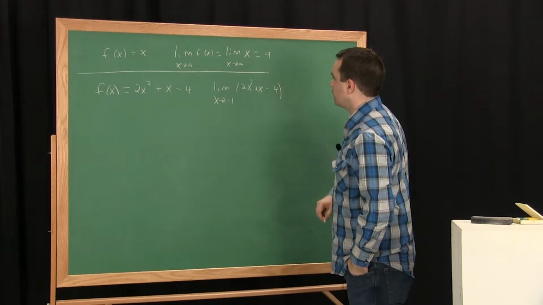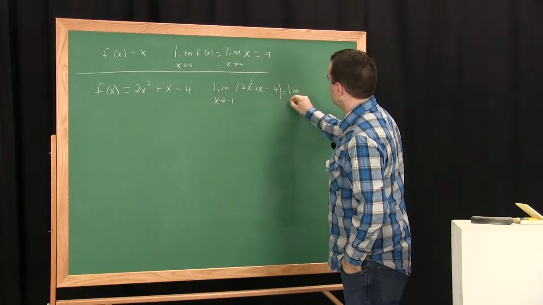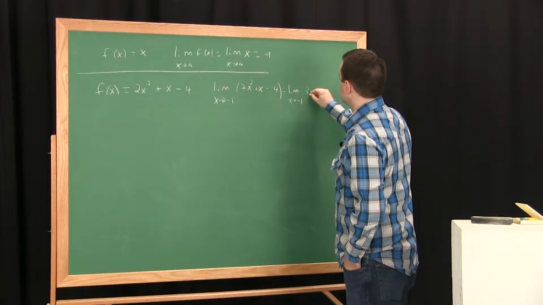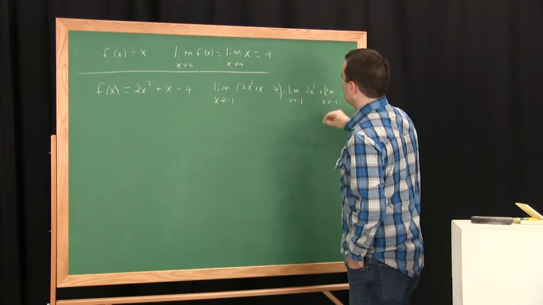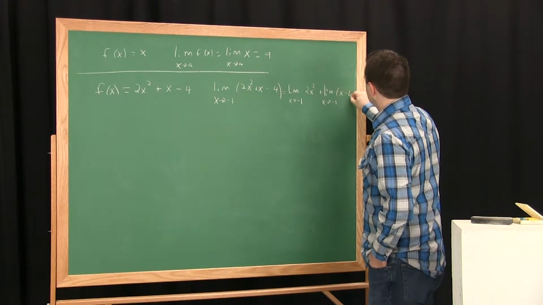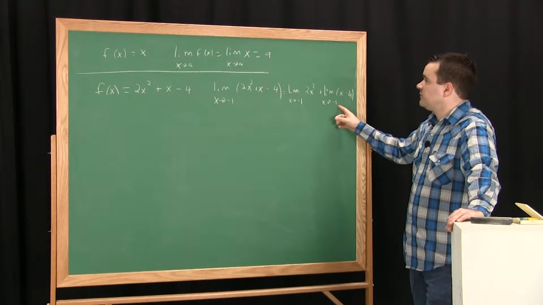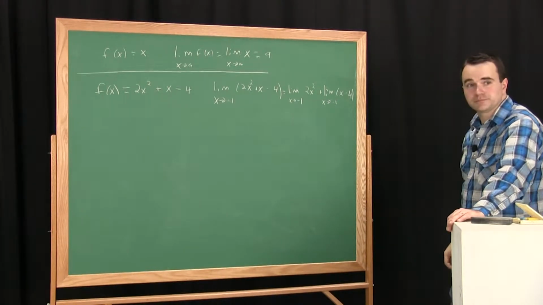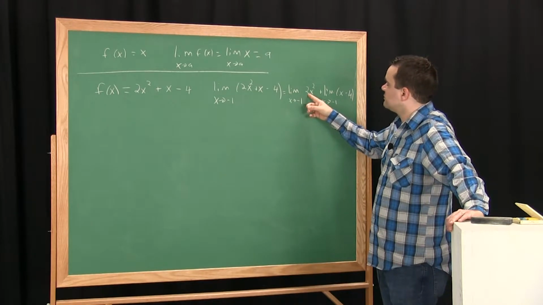The sum rule is telling me that this is going to be the limit as x goes to -1 of 2x squared plus the limit as x goes to -1 of x minus 4, right? So I used the sum rule to break this up into two component parts that are a little smaller.